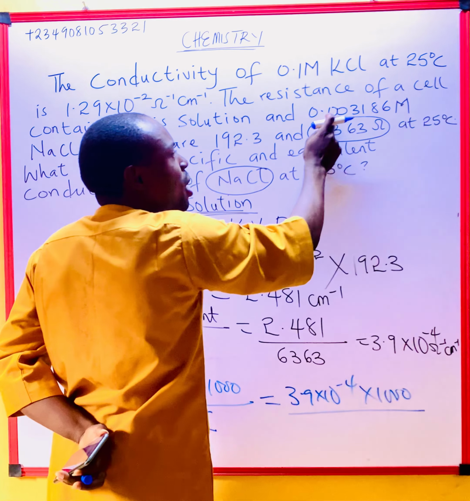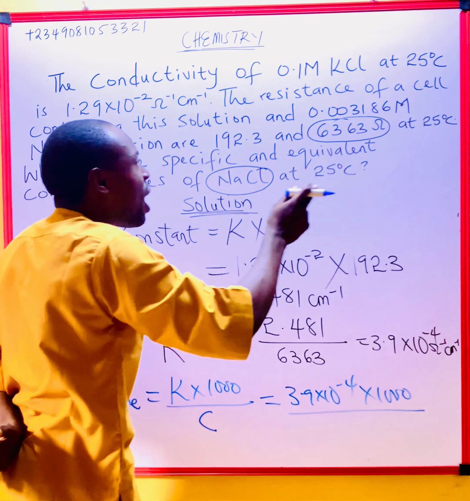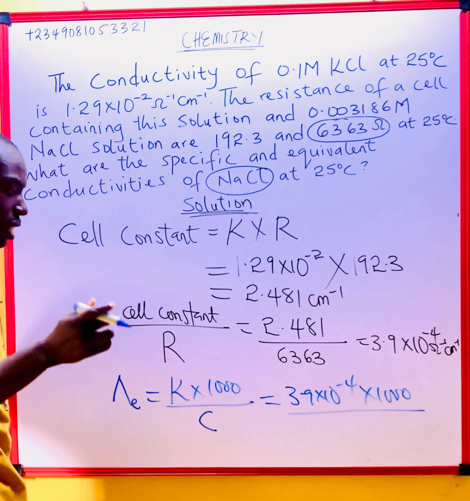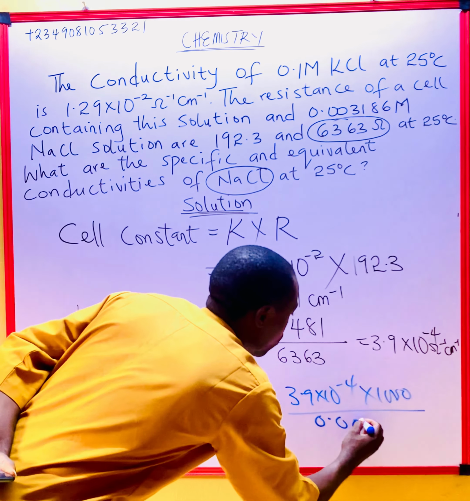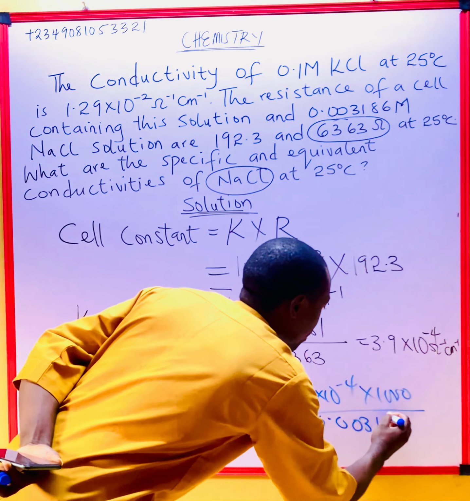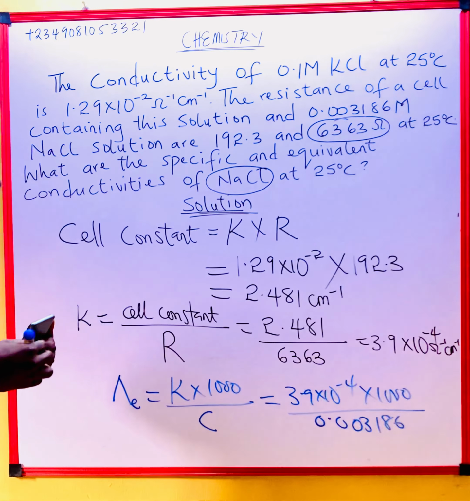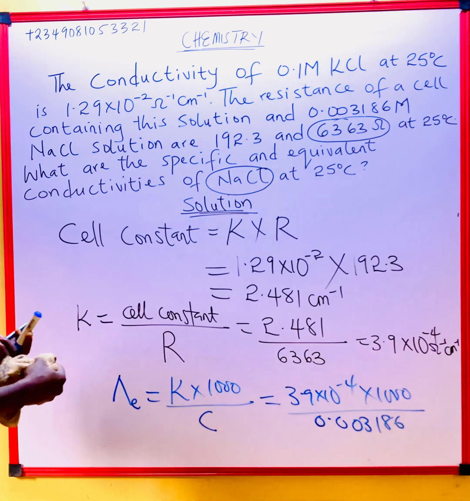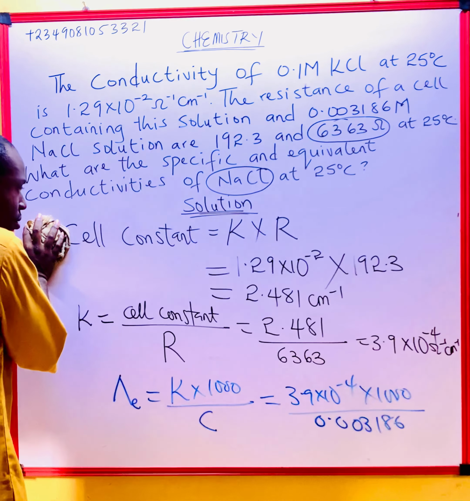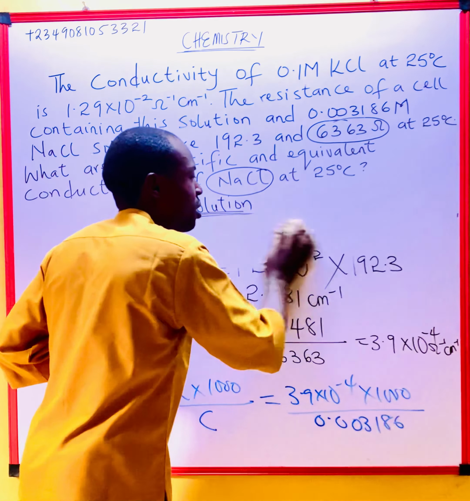This 0.03186 molar is for the sodium chloride we are interested in. So here becomes 0.003186.